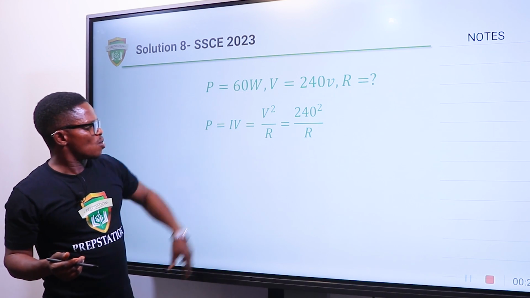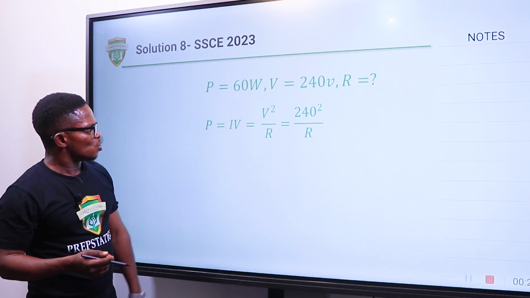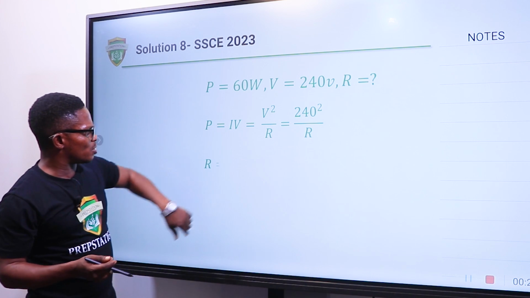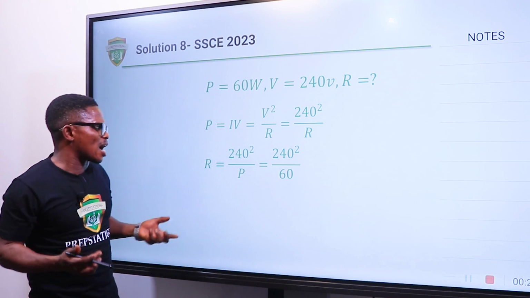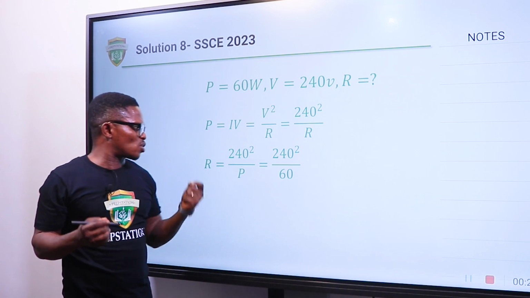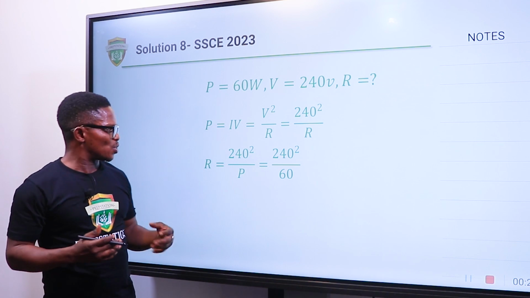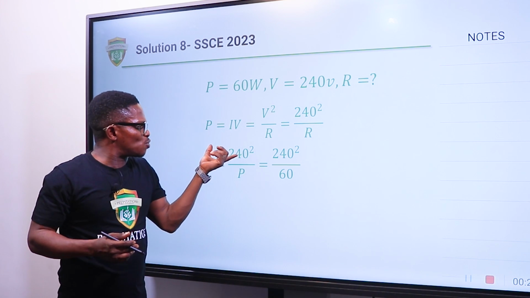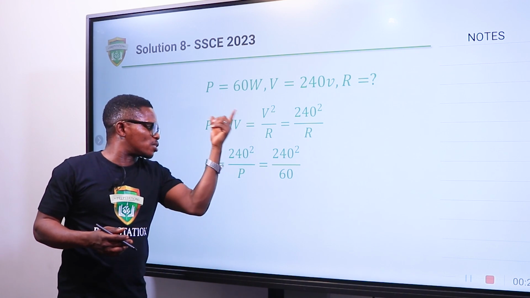So V squared over R, we are looking for R, right? So make R the subject of the formula. I keep using the same pattern all the time. And then what next? Substitute the values. So in the place of V, I have 240, but the formula says V squared, so that will be 240 squared.